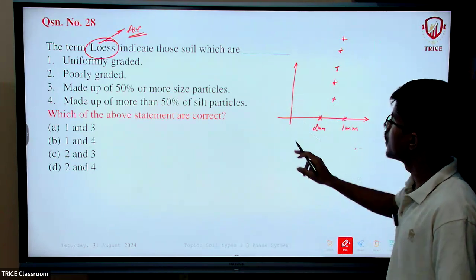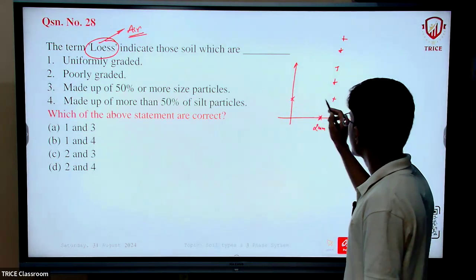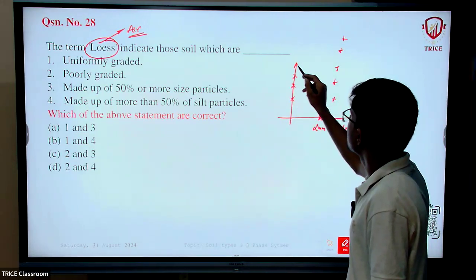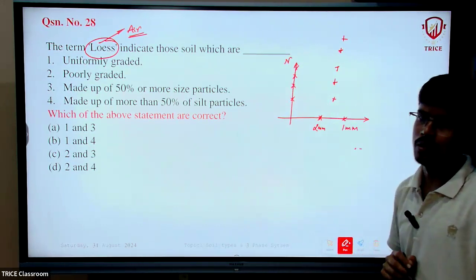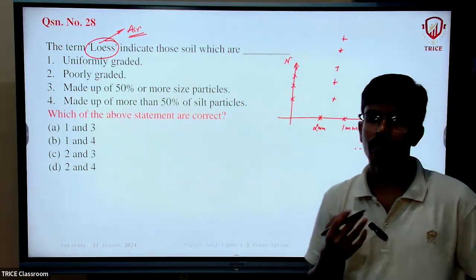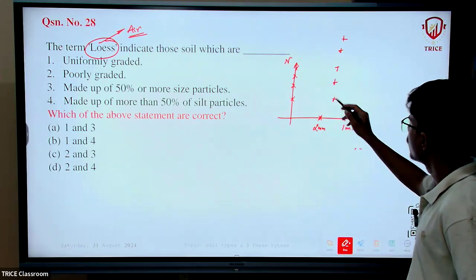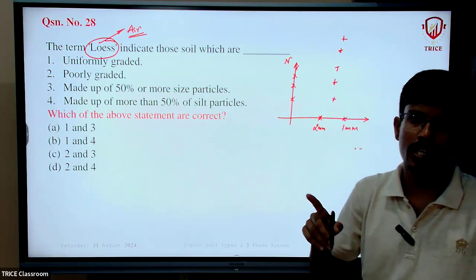For the 10 percent finer we can expect the same diameter, then 30 percent, 50 percent, and 60 percent finer, we always expect the same values. This will be called the uniformity coefficient, right? Once you get the uniformity coefficient, if you compare the ratio, it always goes to unity. That will be the uniformity of soils, right?